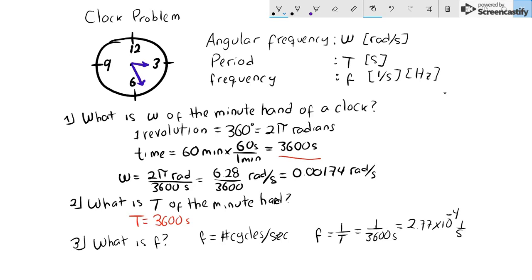So the angular frequency will be displacement, 2 pi radians, over time, which gives us our angular frequency. Period is the time it takes to make a revolution, which we already know is 3600 seconds. Finally, frequency, which is how many cycles every second, is the inverse of the period, or this small number 2.77 times 10 to the negative 4 1 over second, or also hertz.